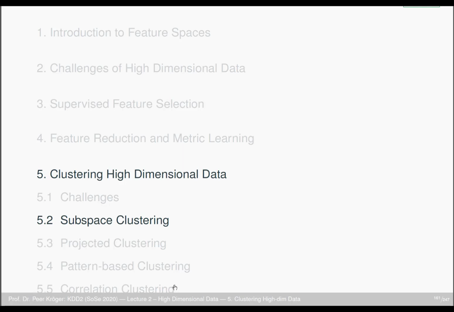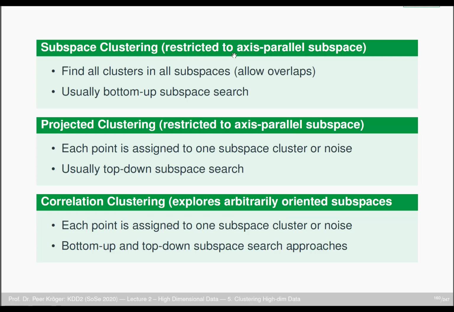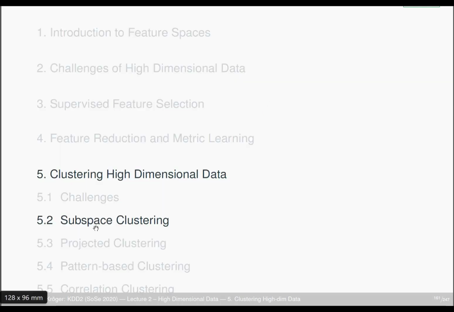And the correlation clustering approaches will be covered at the end, solving the most general problem. So we will start off now with subspace clustering algorithms, once again finding only axis-parallel subspaces and not the general case. Yeah, so we will start here now.